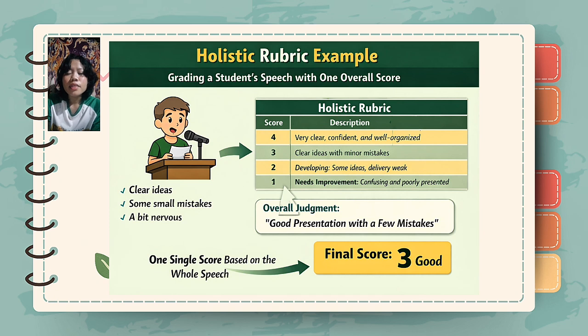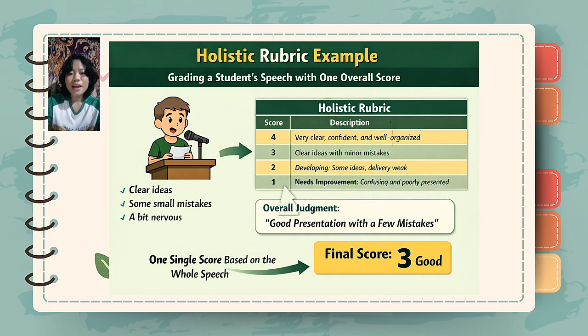Okay, therefore the student receives a final score of 3, which means the performance is considered good. This shows that in a holistic rubric, the teacher evaluates the work as a whole and gives one overall score instead of scoring each part separately.